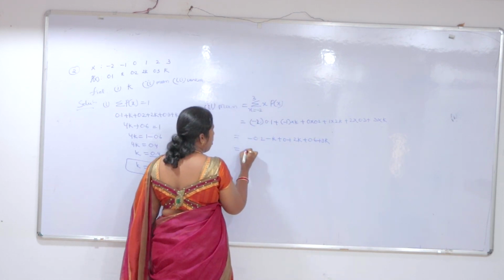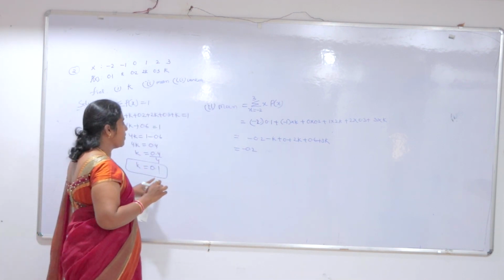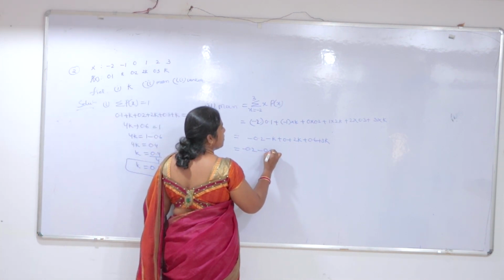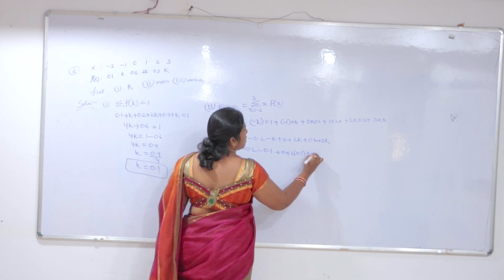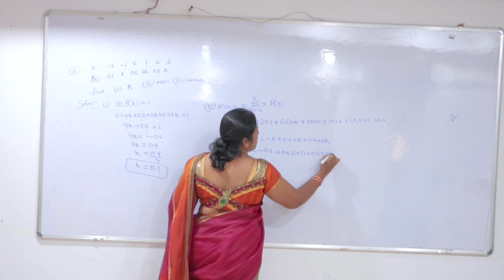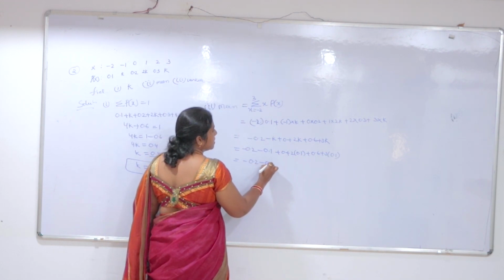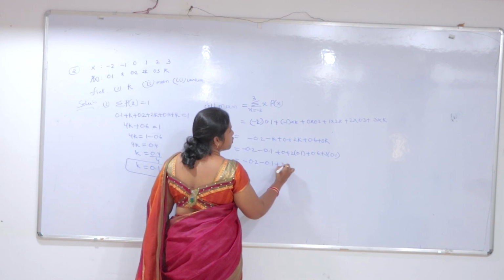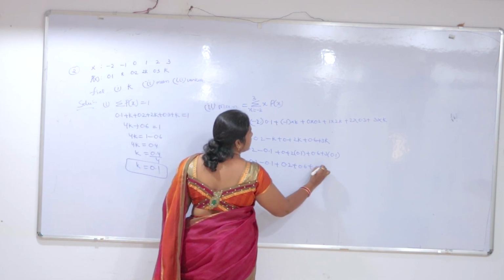Substitute the value of k. Already we got the value of k. So what is the value of k? K is 0.1. So minus 0.2 minus 0.1 plus 0 plus 2 into 0.1 is 0.2 plus 0.6 plus 3 into 0.1 is 0.3.